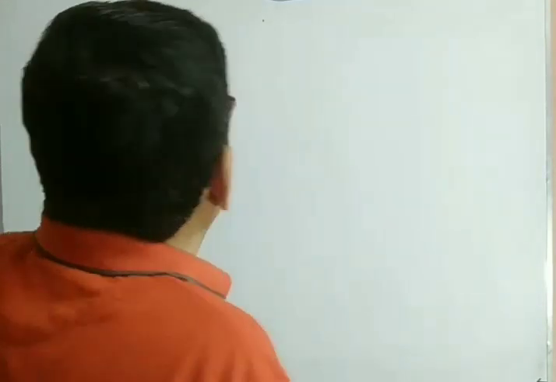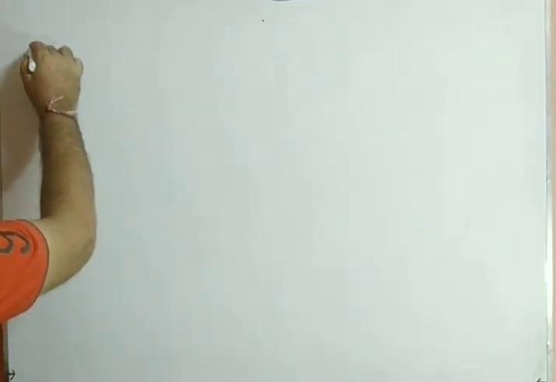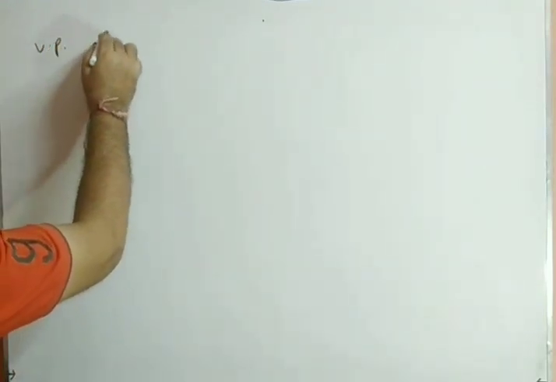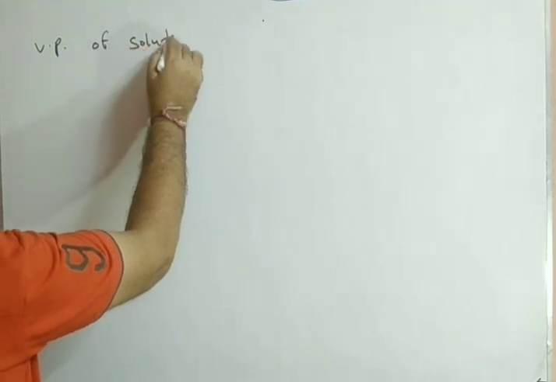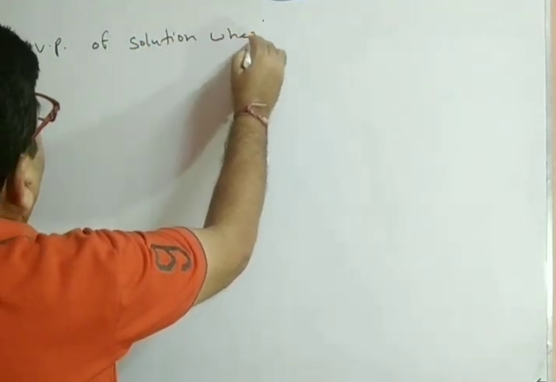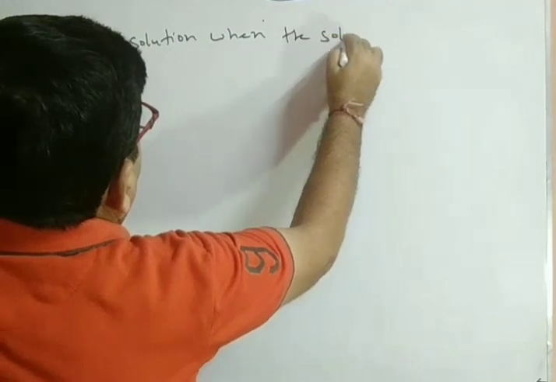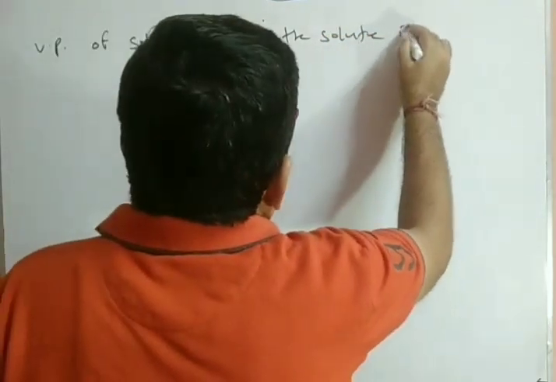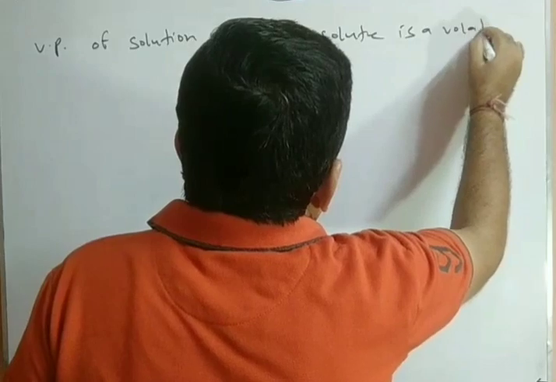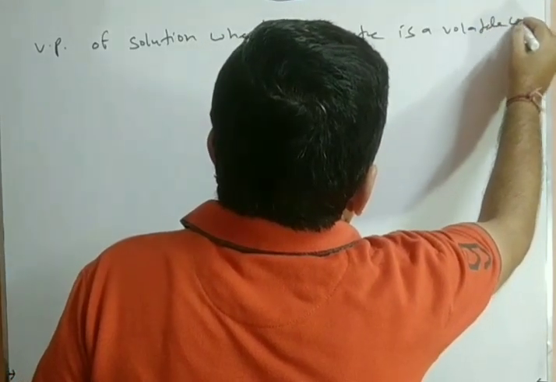Today, first of all, we shall revise what type of situation is created when two miscible liquids are given in a solution. So, today my first revision heading is vapor pressure of solution when the solute is a volatile liquid.